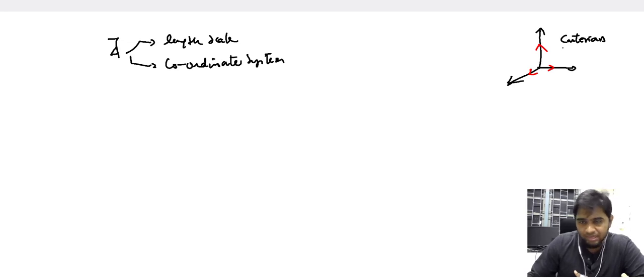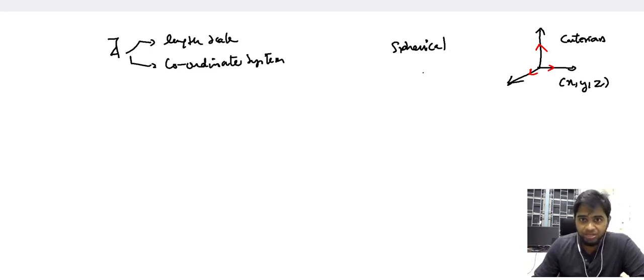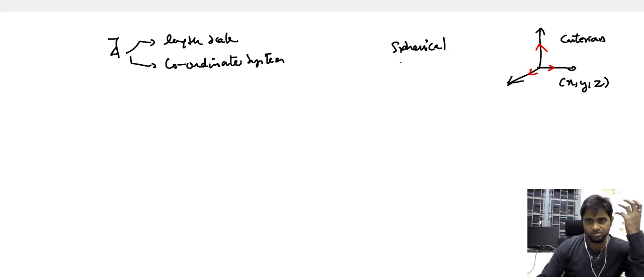This is the three-dimensional representation of the Cartesian coordinate system, and the variables associated with it are x, y and z. Now besides the Cartesian coordinate system, we also have the spherical coordinate system. What we essentially mean is that we want to describe a point in three dimensions.